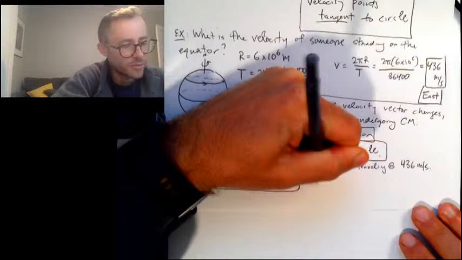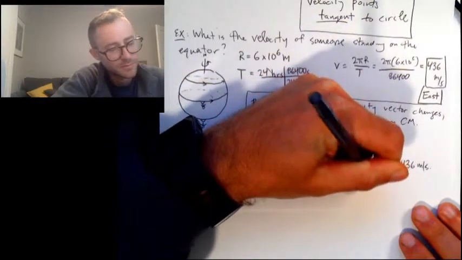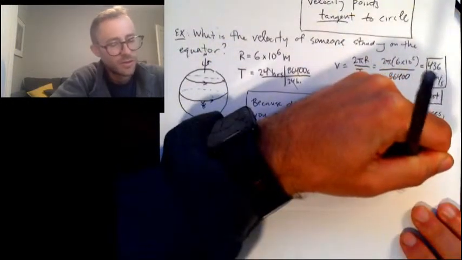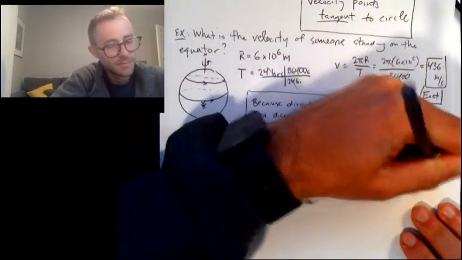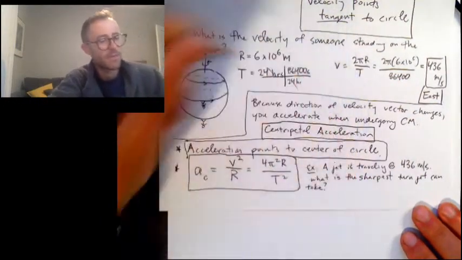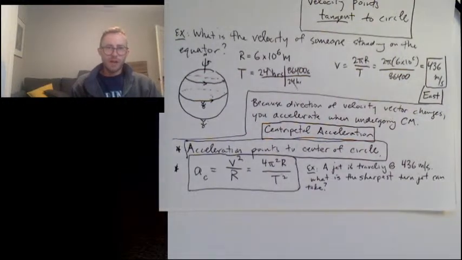What is the sharpest turn the jet can take? Jets are actually limited in terms of the sharpest turn they can take, not by technology so much as by the people who are inside the jet.